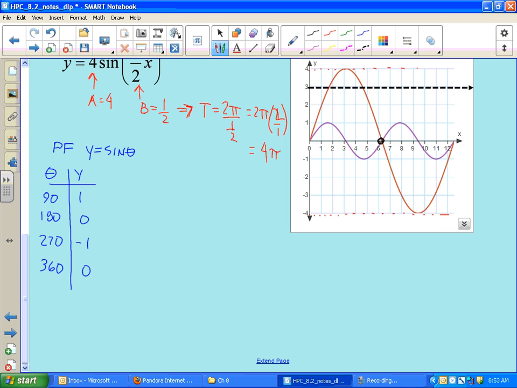Well, what happens when we take y equals sine theta and we have introduced y equals 4 sine 1/2 theta, right? Which is the function that we're graphing right now, that we already graphed. All right, what happens here with this table?